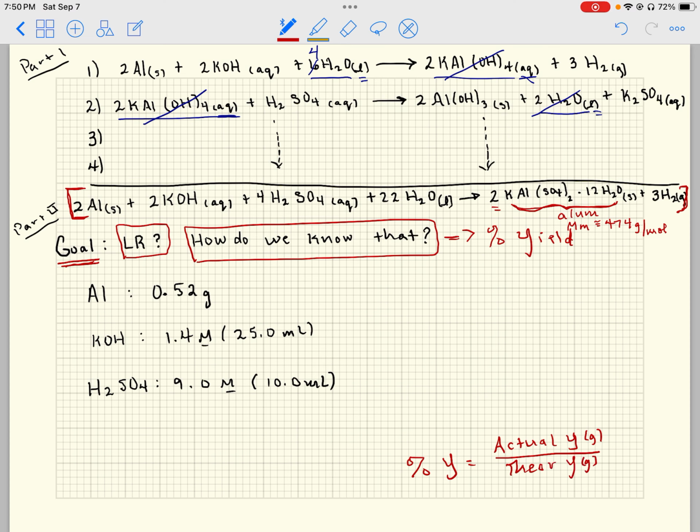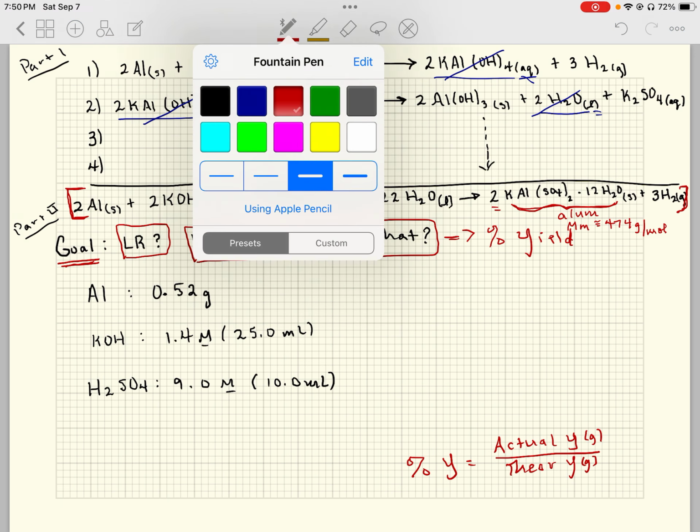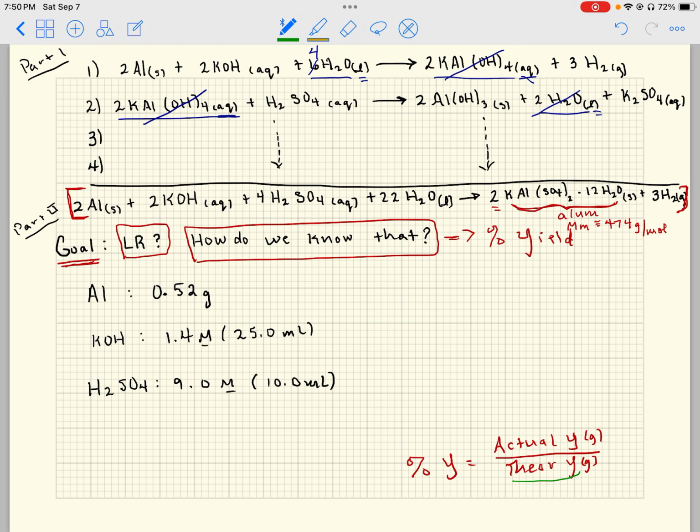And from class, you'll remember that anytime that we talk in terms of theoretical yield, that means we need to know what is the maximum amount of product that is formed. That gives us a hint that that's always based off the limiting reactant.